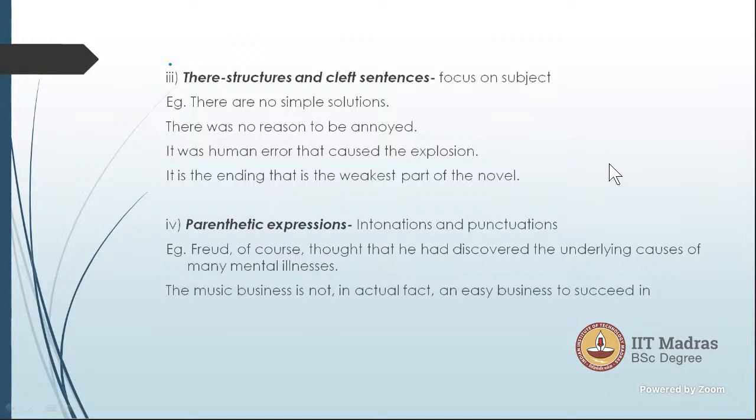So right before each of these things which needed an emphasis, you had placed either a there structure or a cleft structure to increase the emphasis laid on both of them. You can rewrite all of these sentences as we did with the previous case, but this construction particularly is aimed at enhancing the emphasis.